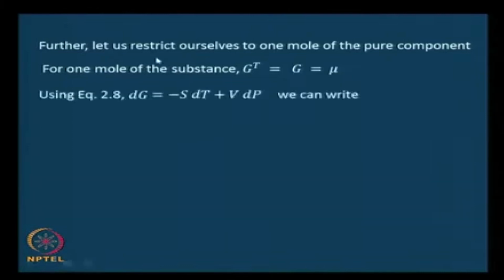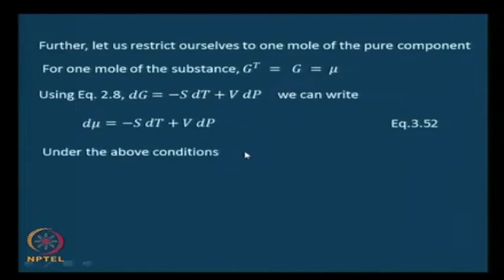Now, using equation 2.8, which is for a closed system, we had written dG equals minus S dT plus V dP. Using this, we can actually write this in terms of mu. Therefore, dmu equals minus S dT plus V dP. Let us call this equation 3.52.